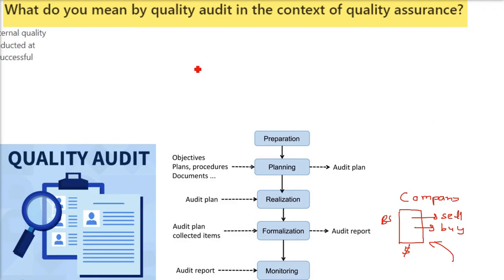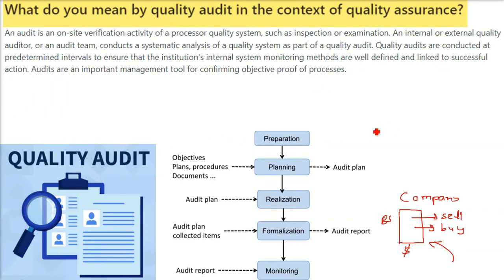In the same way, in order to ensure quality, a quality audit is done. An audit is an on-site verification activity of a process or quality system, like an inspection or examination. It can be an internal or external quality auditor, or even an audit team. It conducts a systematic analysis of the quality system as a part of quality audit under quality assurance. Quality audits are conducted at predetermined intervals to ensure that the institution's internal system monitoring methods are well defined and linked to successful action.